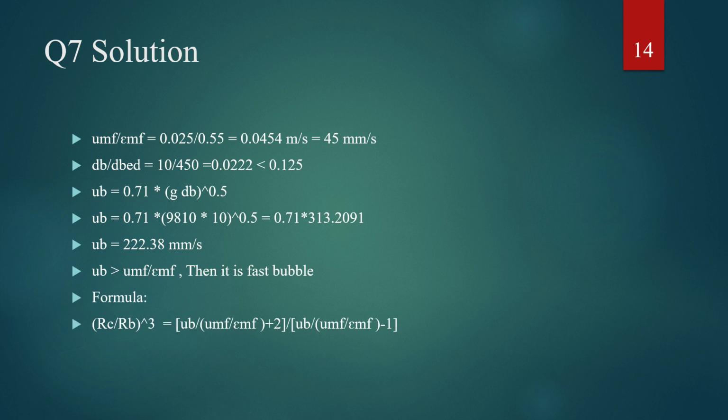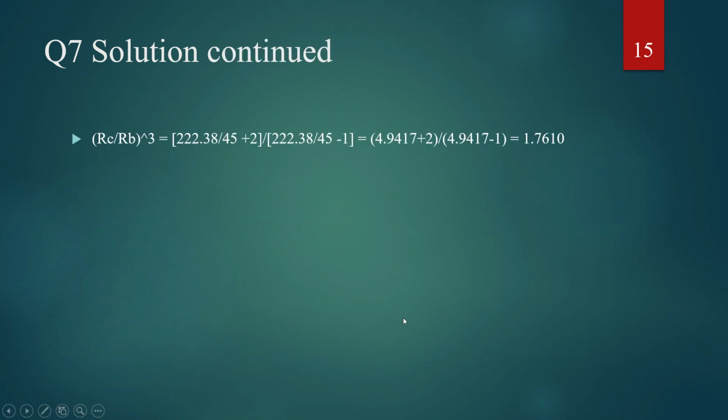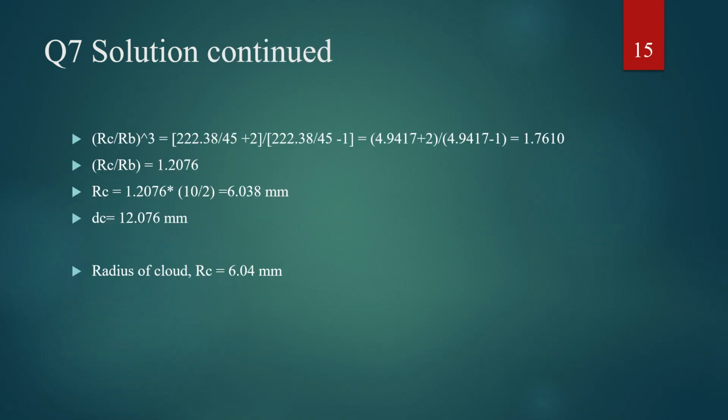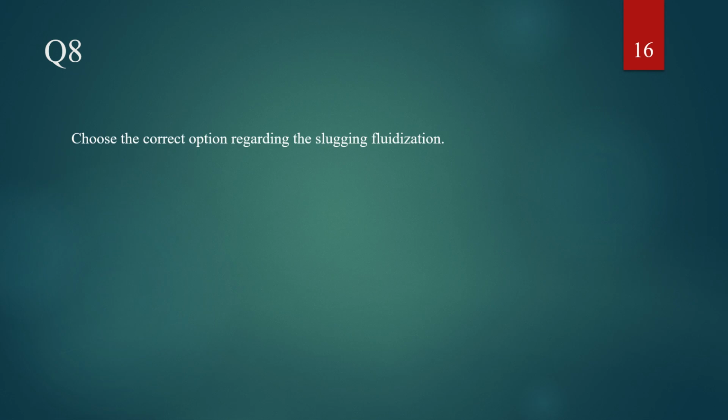And for fast bubbles, the cloud diameter is given by this formula, and on substituting everything in this, we obtain the result. So everything is a simple correlation formula, where depending on certain criteria we use them in certain situations. It is a straightforward problem, so there is no worry.